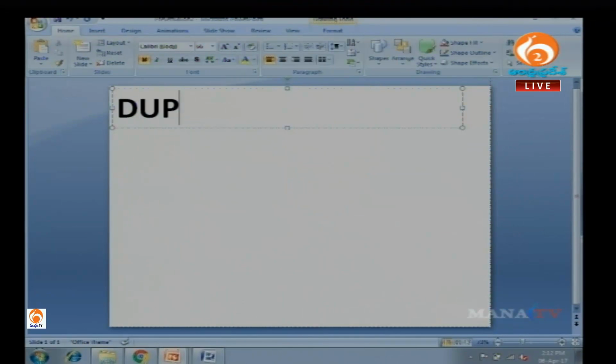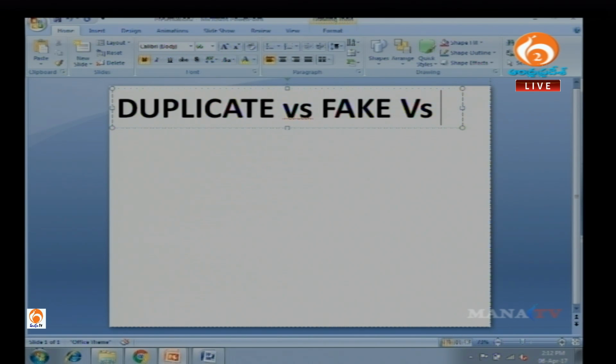Another example. Duplicate versus fake. When should we use duplicate? When should we use fake?